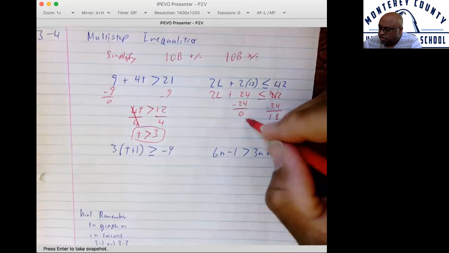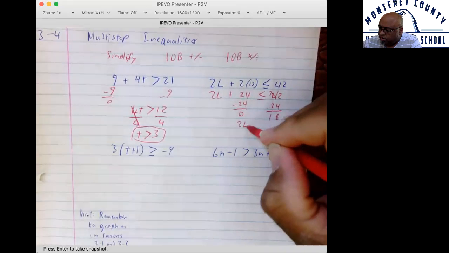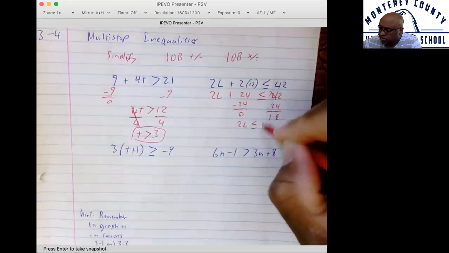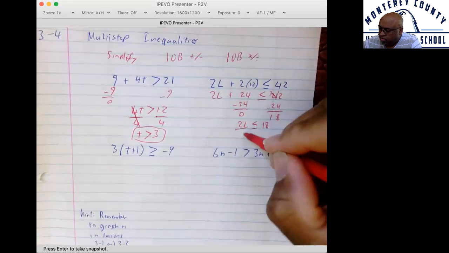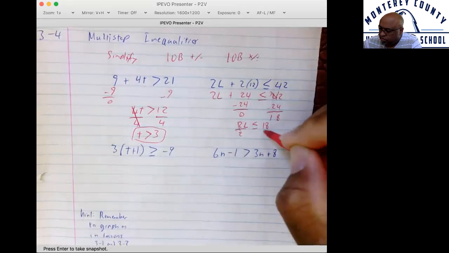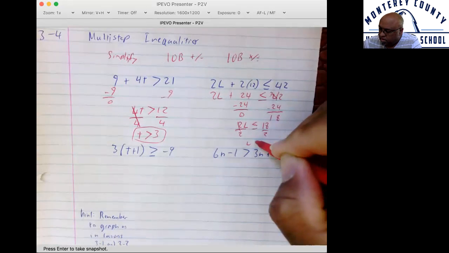So now I have left 2 times L is less than or equal to 18. Divide both sides by 2, and I get L is less than or equal to 9.